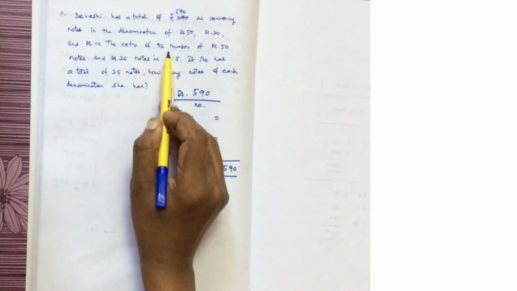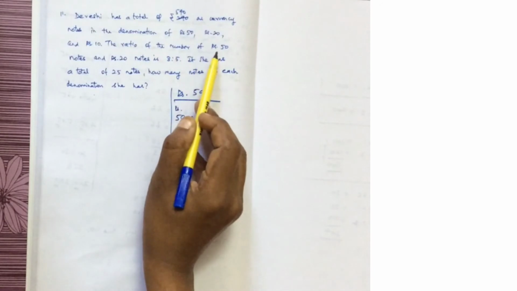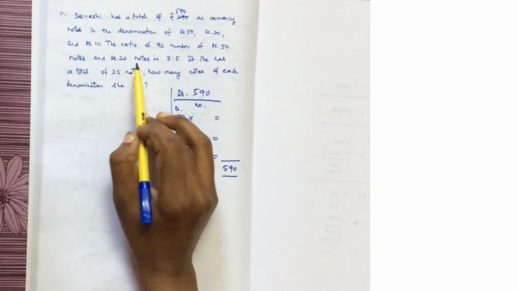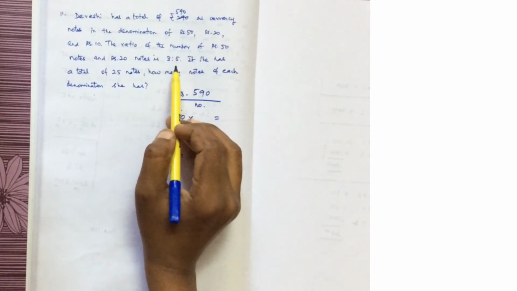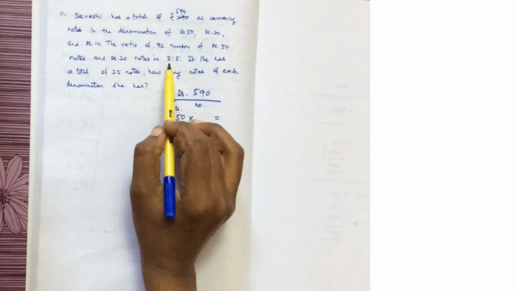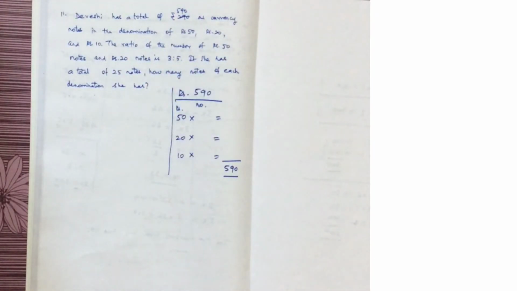The ratio of the number of 50 rupee notes and 20 rupee notes is 3:5. In the last problem we studied how to convert the ratio to the original number by multiplying by x.